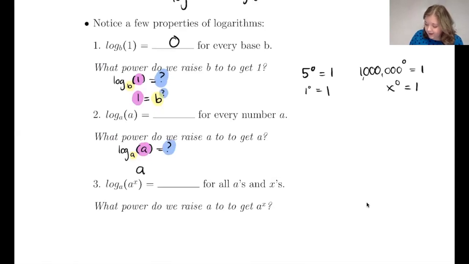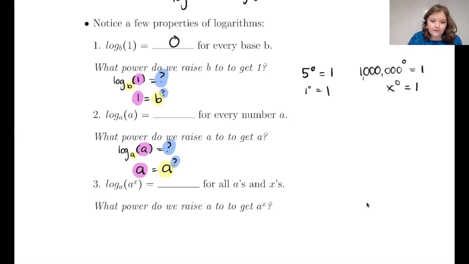And so we have a equals a to the question mark power. So this a here is like the argument on the inside. This other a is like the base, and then our question mark is our question mark.